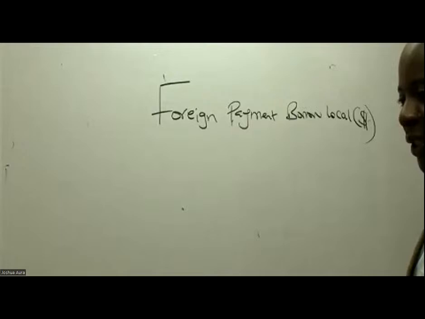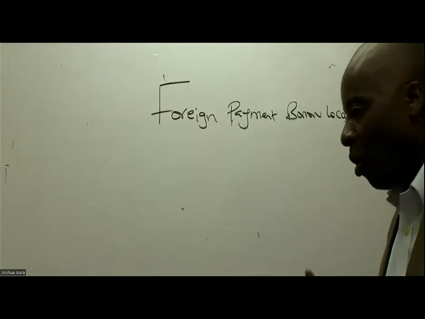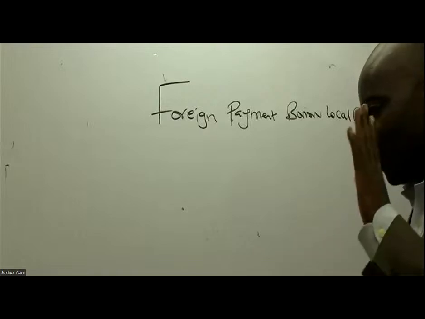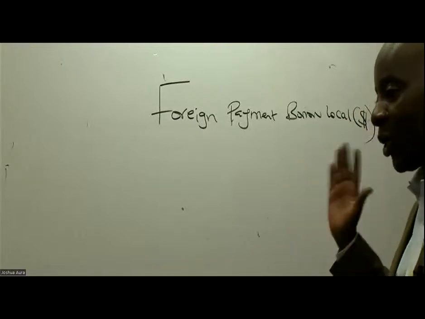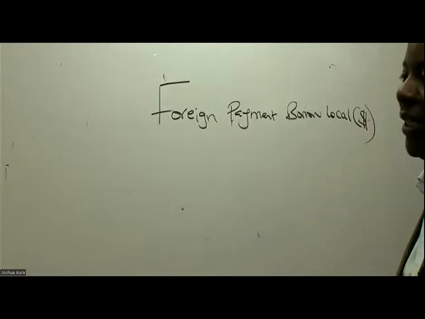Sorry, it could be the network which is low, which is affecting students. I'll make improvement on that. So foreign payment, you borrow local. We've got two currencies here: the dollar, vis-a-vis the peso. And the local currency is the dollar.